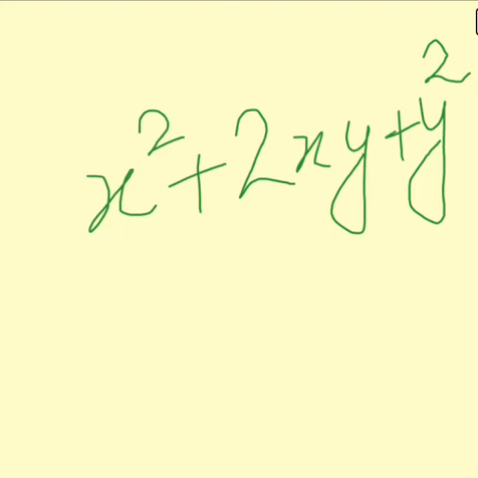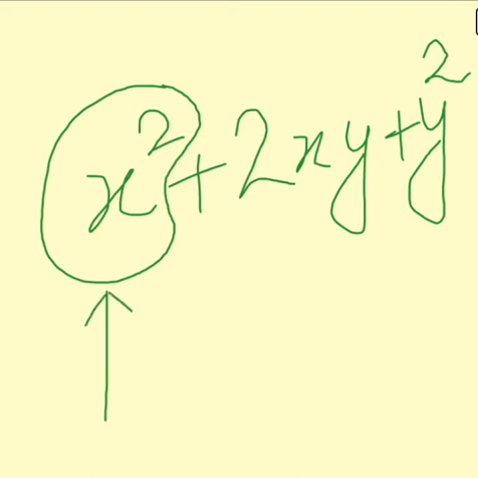Like in the first part, we have x square. It doesn't seem to have any coefficient in this first part, but we all know that there is always 1 multiplying with each letter. We can write 1 here and this 1 is the coefficient for this first term. Similarly, x is the base and this 2 is the power.